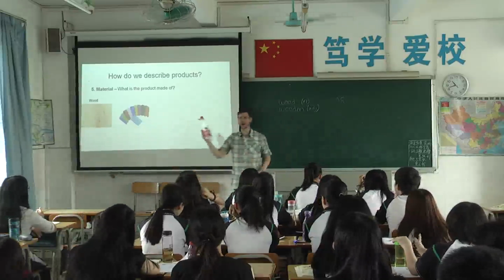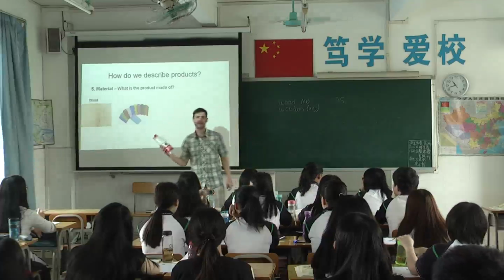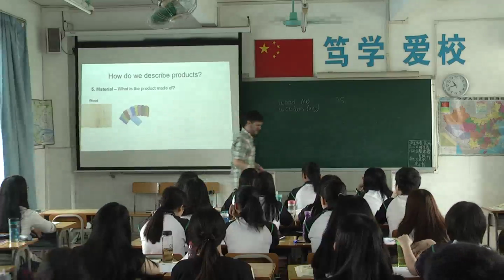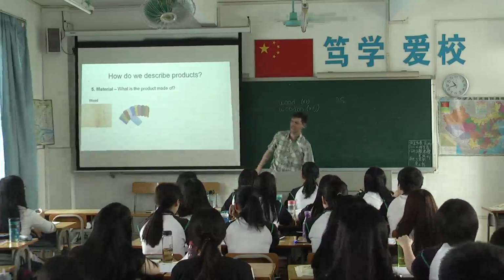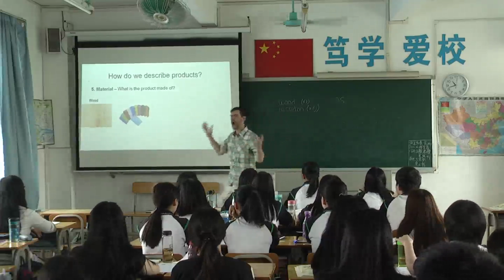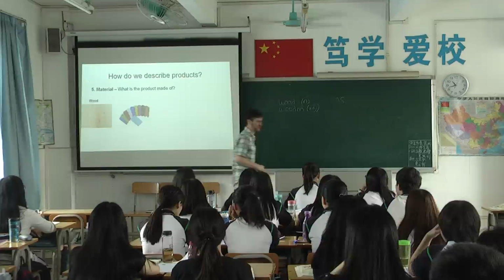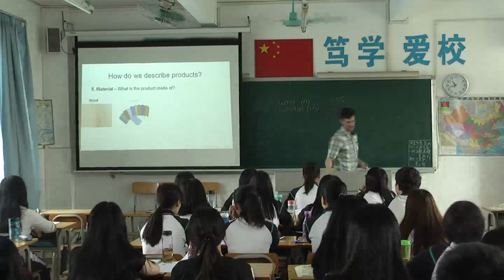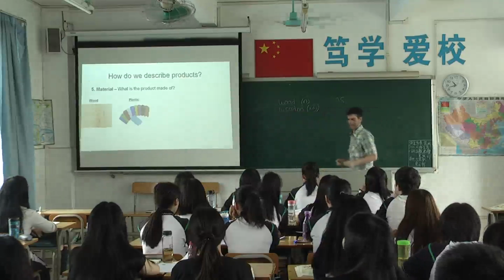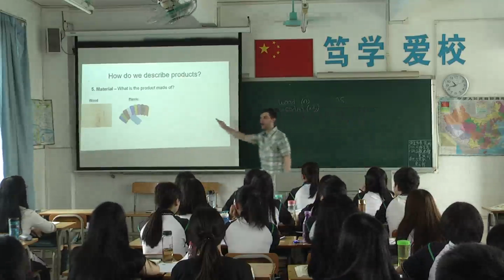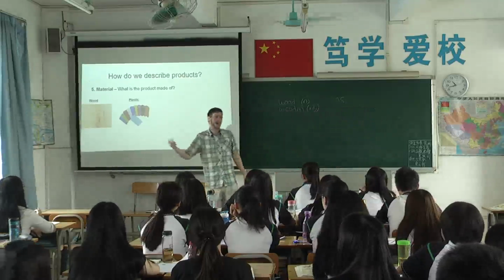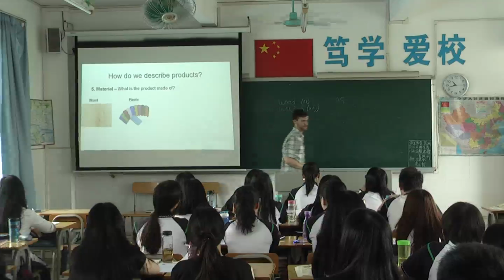Some plastics are harder than others. This is very soft, right? There are thousands, well maybe not thousands, there are hundreds of different plastics, okay? Plastic. So we would say these mobile phone covers are made of plastic, right? Good job.